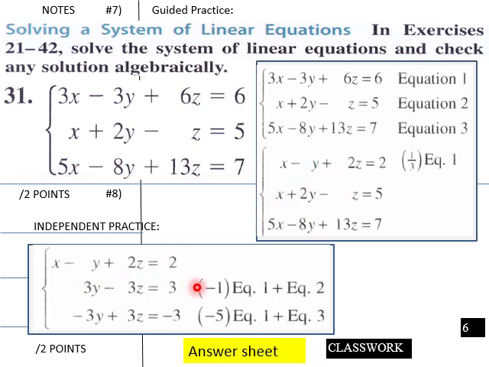Then we have -1 times equation 1 plus equation 2 will give us this here, 3y minus 3z equals 3. And then -5 times equation 1 plus equation 3 will give us this new manifestation for equation 3, -3y plus 3z equals -3.